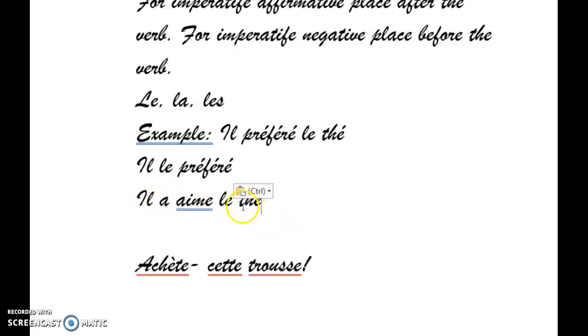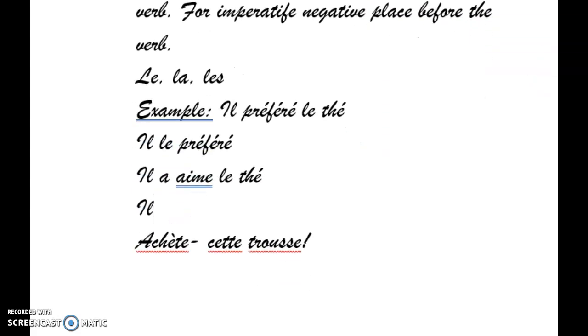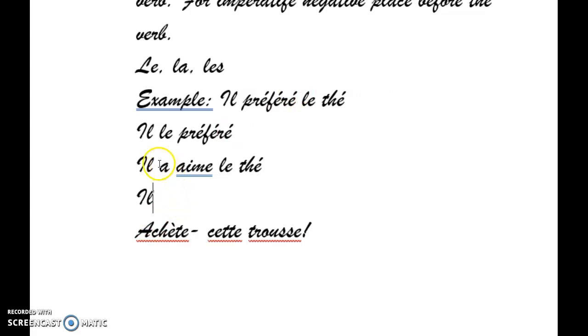Il a aimé l'été. Again, we have to look after the verb, which is l'été. Remember, l' is not a preposition, so l'été is the direct object here. So we will again write il, and remember, for passé composé, we place it before the auxiliary. If you don't know what an auxiliary is, it is the verb, in this case a, which comes before aimé.